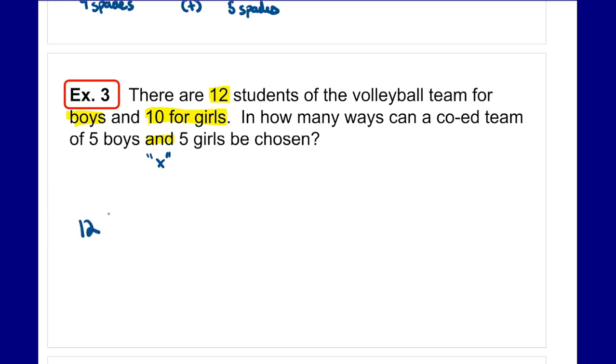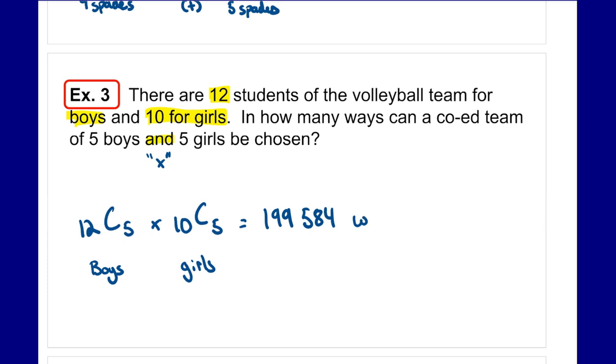So I have 12 boys choosing 5 of them, multiplied by the 10 girls choosing 5 of them, which gives me 199,584 ways. And again, this is combinations because it doesn't matter what order they get picked in, we're making a team. It's just the group itself.